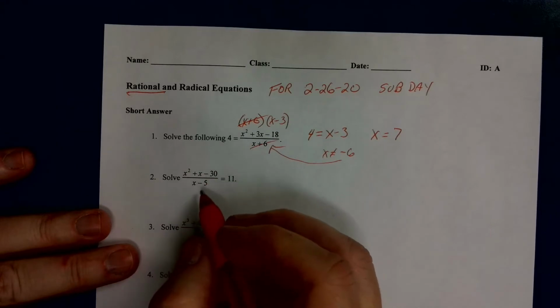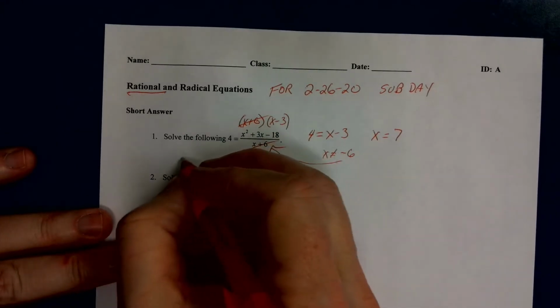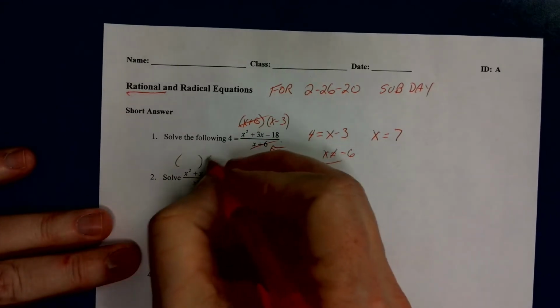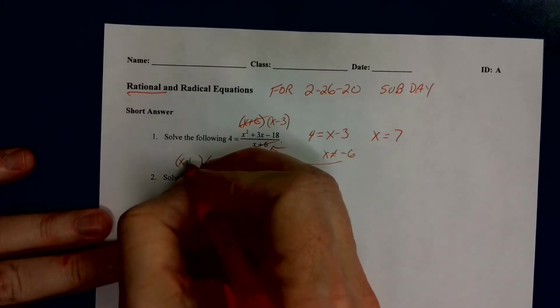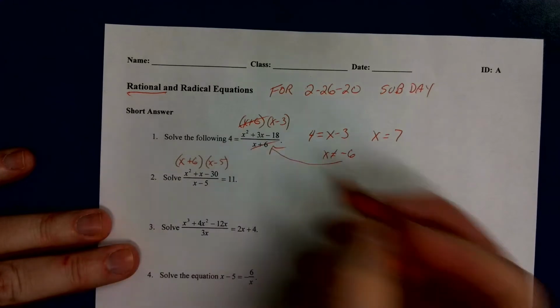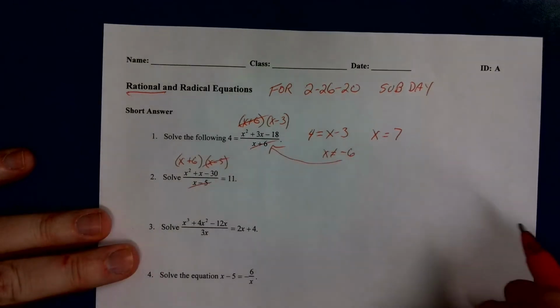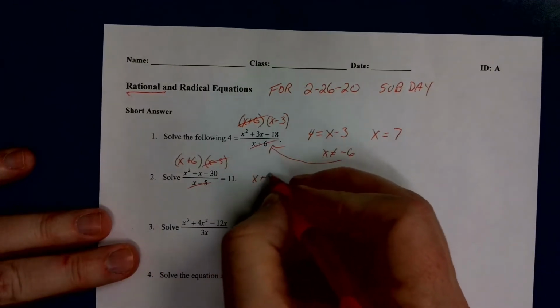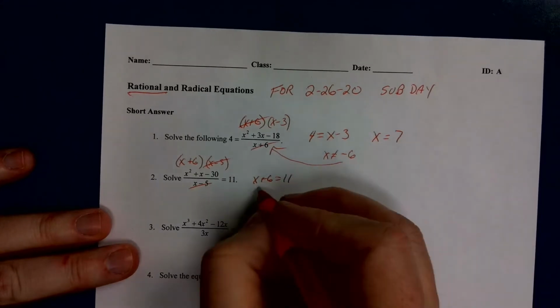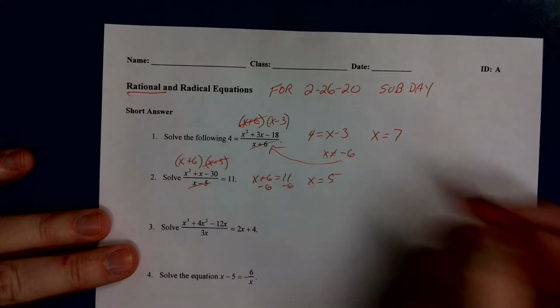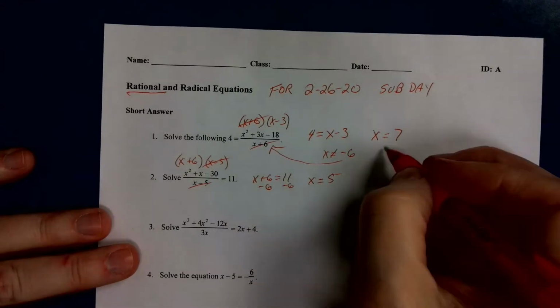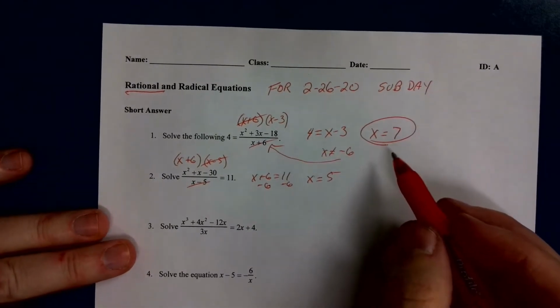On this next one, this would be factor the top here, which gives you x plus 6 and x minus 5. This x minus 5 kills that x minus 5, and you're left with x plus 6 equals 11. Subtract your 6, and you get x equals 5. You're like, yay, that works just like the x equals 7 worked.